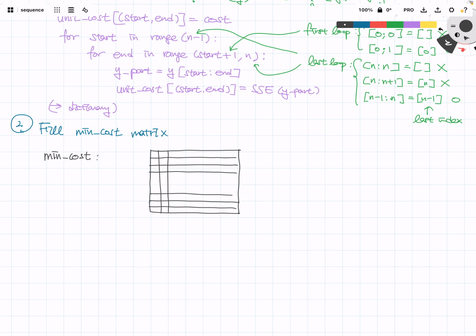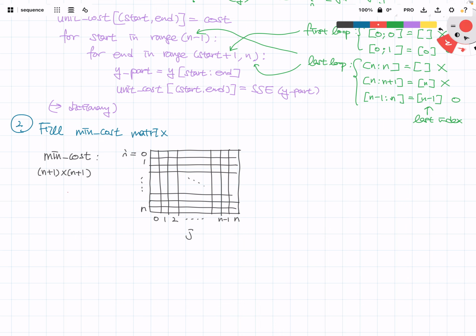Here is the matrix, and the row is i from 0, 1 to n, since we have n values, and j is from 0, 1, 2, to n minus 1, and n. So this is basically an n plus 1 by n plus 1 matrix.